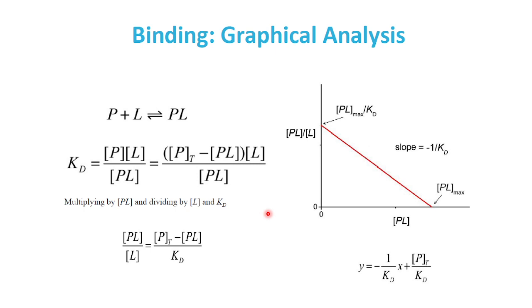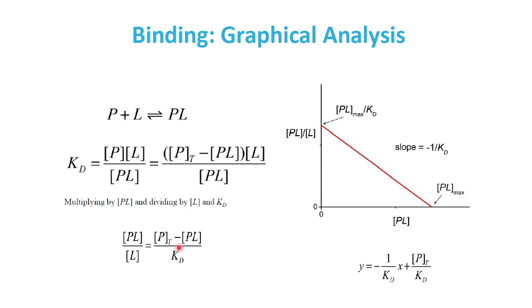In another way, if you want to plot, we know that P plus L gives PL, that is the complex, and your Kd equals the individual concentrations of your protein and ligand divided by the complex, which equals your total protein concentration minus the protein-ligand complex, times your ligand concentration, divided by PL. Rearranging, we get an equation like this.